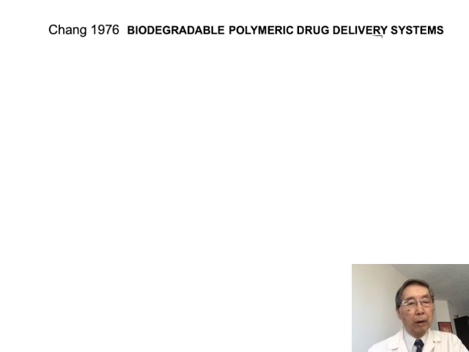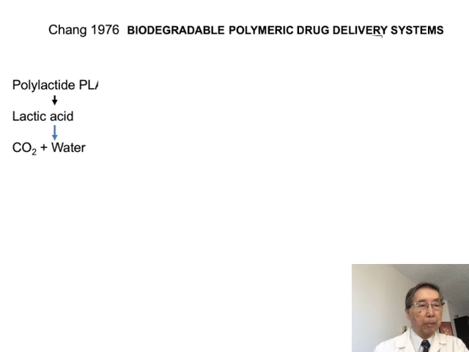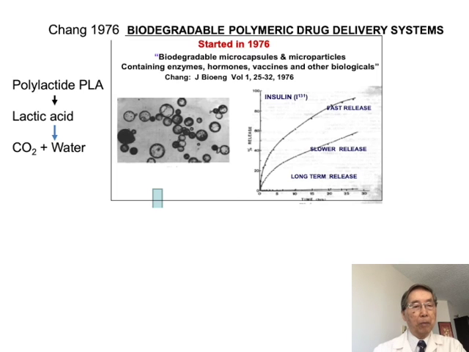This was done back in 1976, but at that time this type of work wasn't that popular yet. For biodegradability, we used polylactic acid, which is degraded into lactic acid in the body and becomes CO2 and water, so it's completely biodegradable.